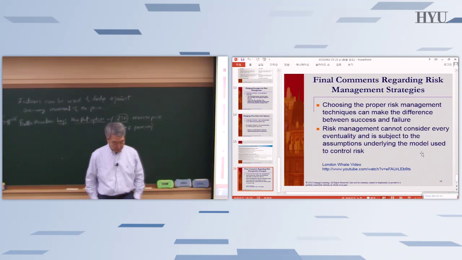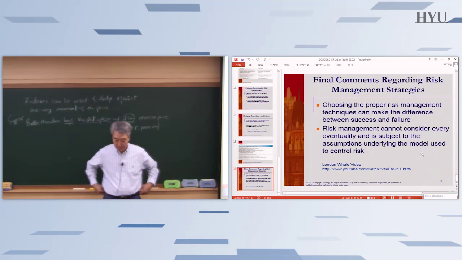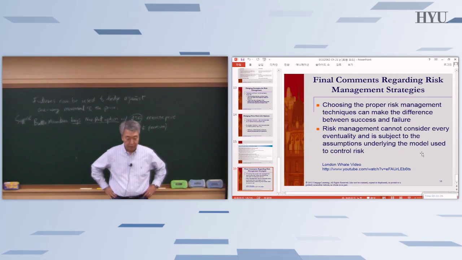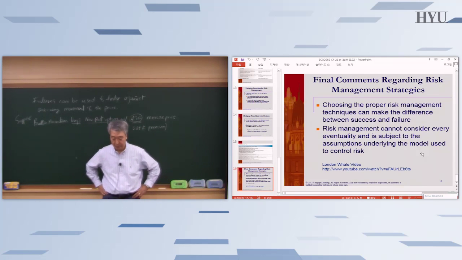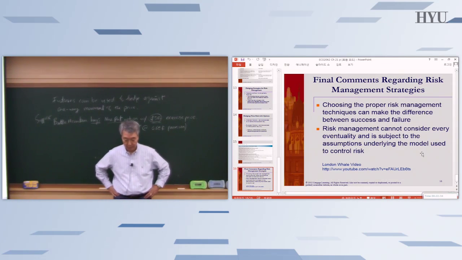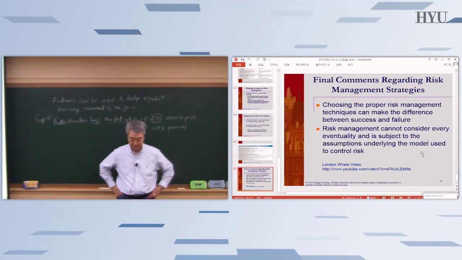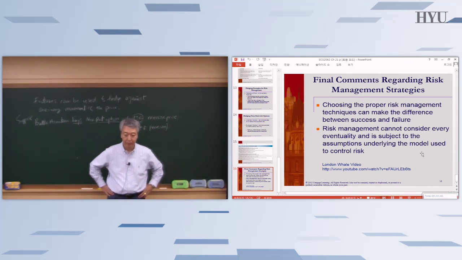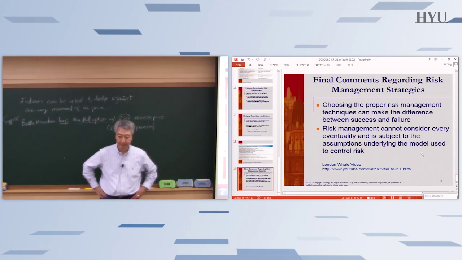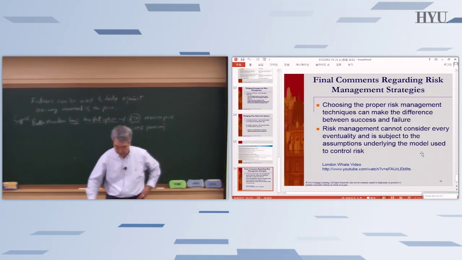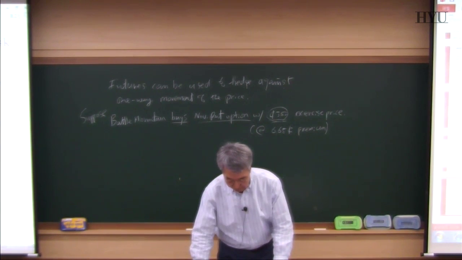I'm sure it is impossible to expect all possible situations, but that's what financial engineering is about. They try to come up with some proper combination of these financial instruments. That's chapter 21. Any questions from chapter 21?